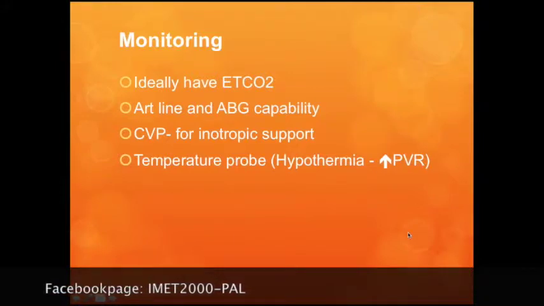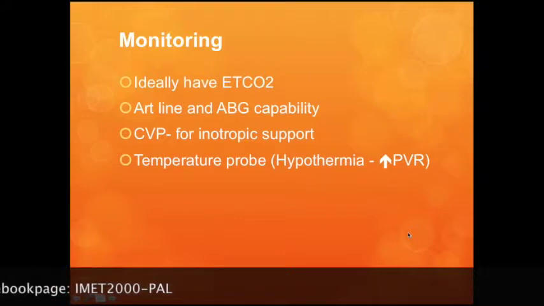Dia has asked if we should use pressure control or volume control mode. I always use pressure control in children, and I do that for two reasons. One, a lot of our ventilators, especially if you work in hospitals where you do adults as well as children, which we all do, often default to a setting of 500 mils.